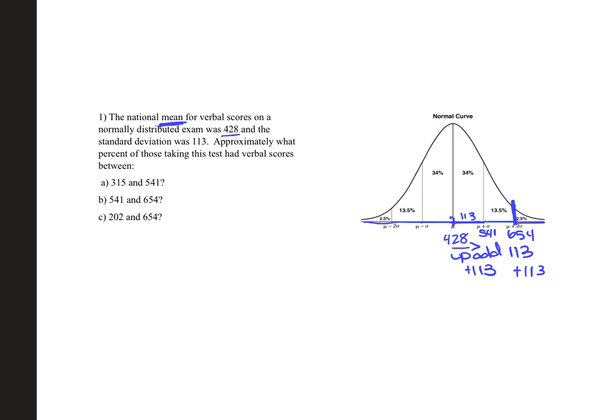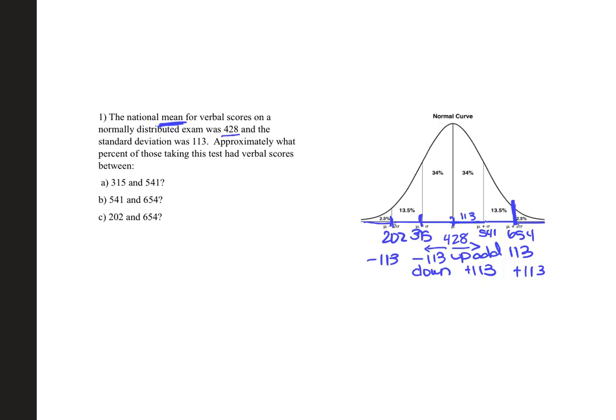Now, if I want to go below, still falling in that 34% there, I would subtract 113 because we're going down. So if I subtract 113, I get 315 at this spot right here. And then I subtract another 113, and I would get 202.